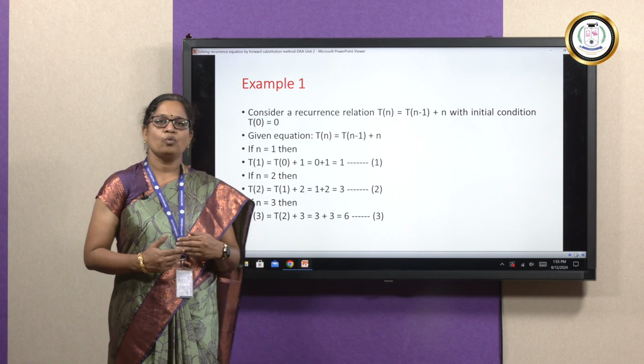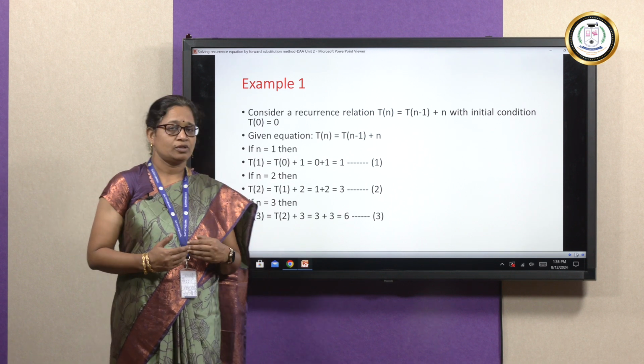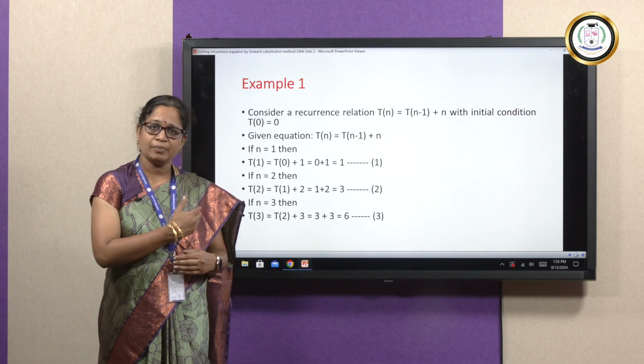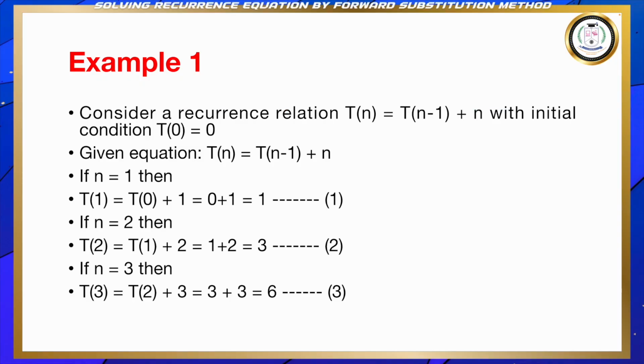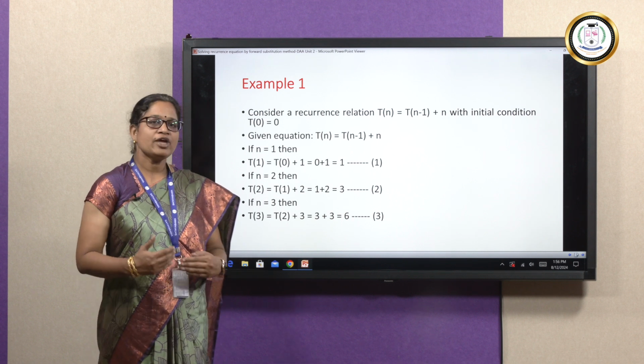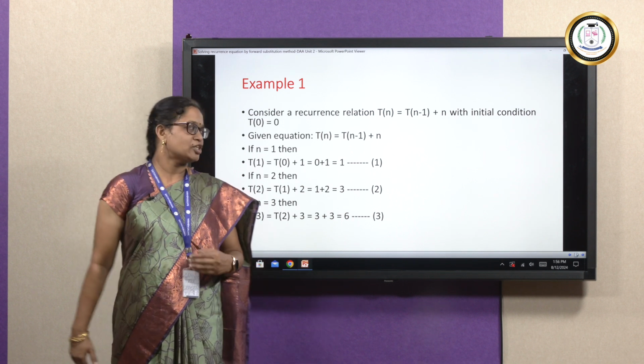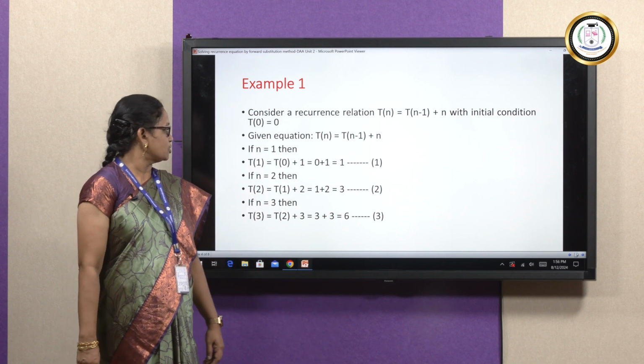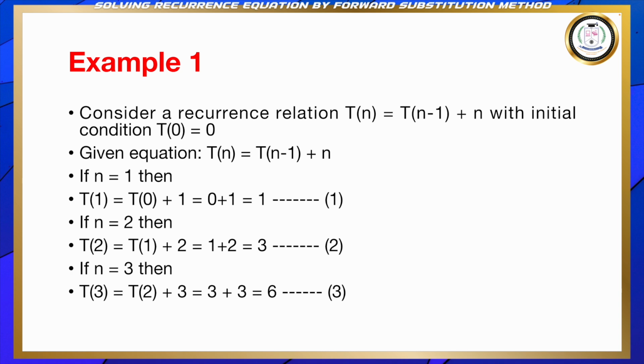Now we can guess some formula. Observe all the previous equations: T(1) = 0 + 1, which is equal to 1, T(2) = 1 + 2, T(3) = 3 + 3. When we observe all the previous equations, we see that it is the sum of the previous term and the current term.